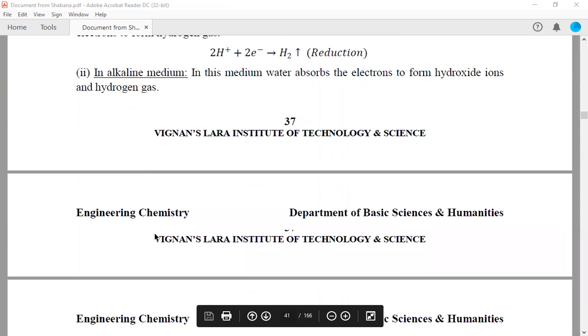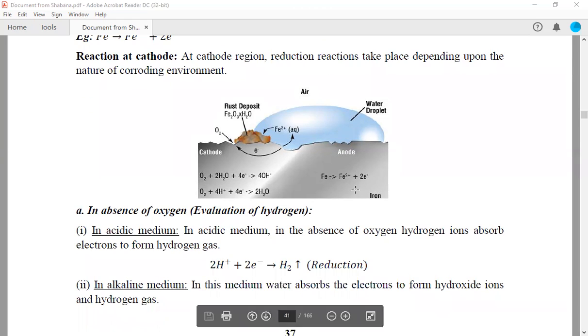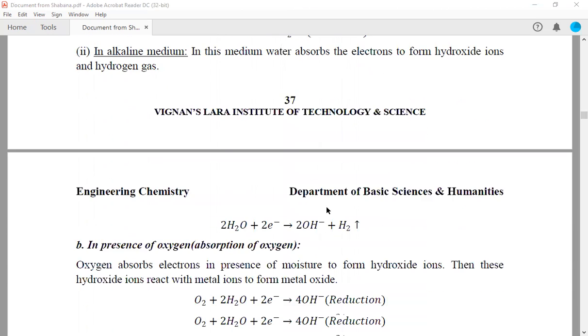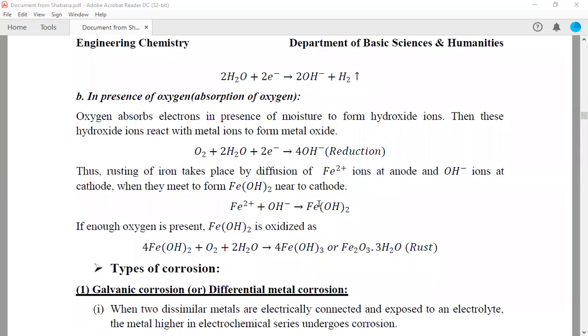In an alkaline medium, water absorbs the electrons to form hydroxide ion and hydrogen gas. Next, in the presence of oxygen, oxygen absorbs the electrons in the presence of moisture to form hydroxide ion.